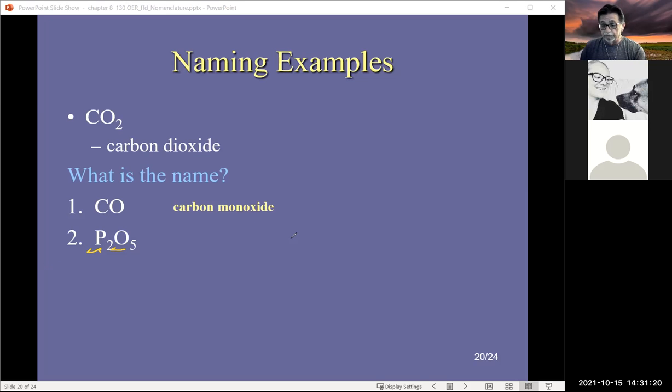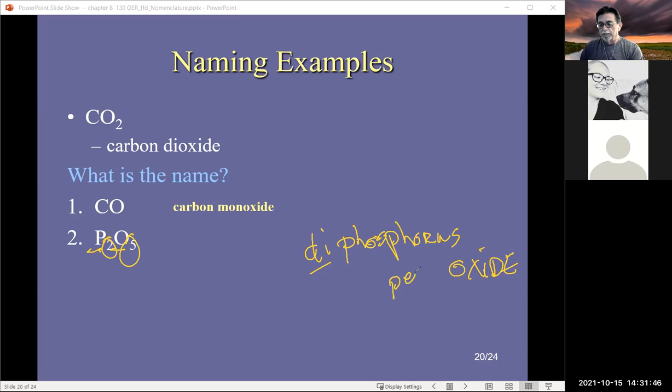So we simply write phosphorus, and then for the oxygen, as in ionic compounds, the name is oxide. So that's the base name. Then we go back and check the prefixes. There's a 2 for phosphorus, so that becomes di, and there's 5 for oxygen, so the prefix becomes penta.